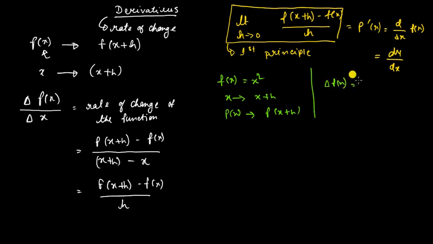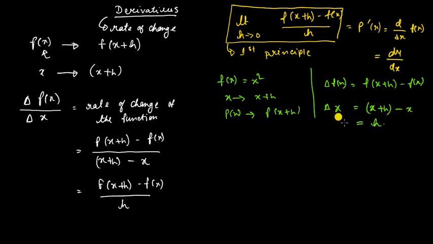That is what the function became, f of x plus h minus f of x, so that is the change in the function. Then the change in the variable which is creating the function is x plus h, which is what the variable finally got to, and initially it was x, so this is technically just h.